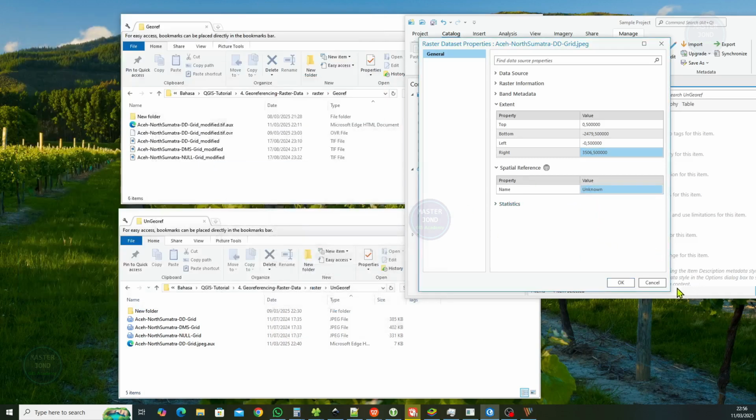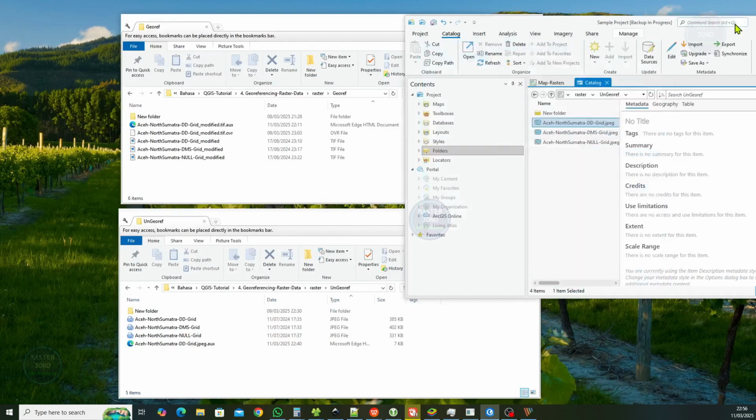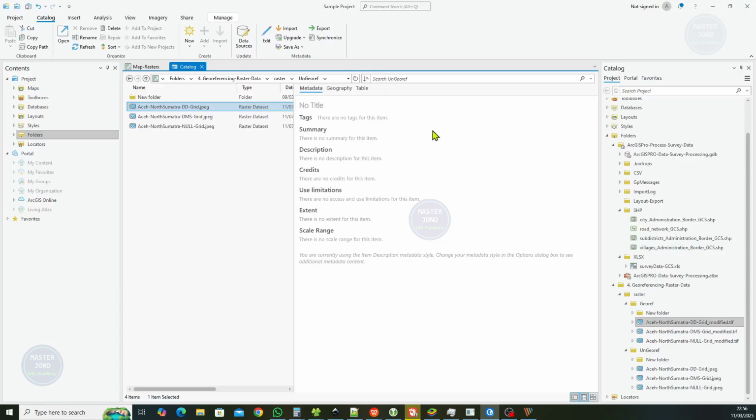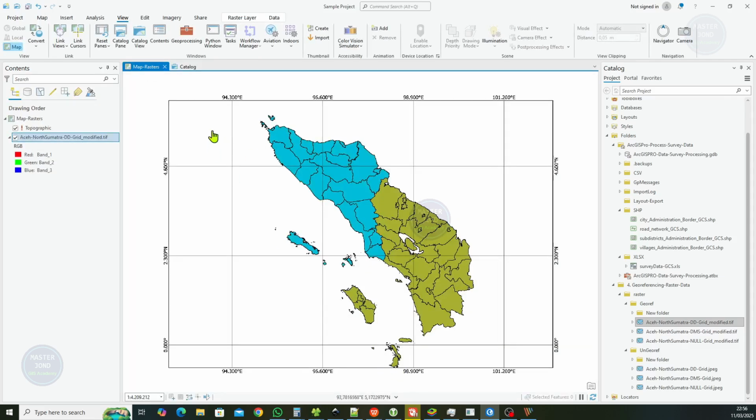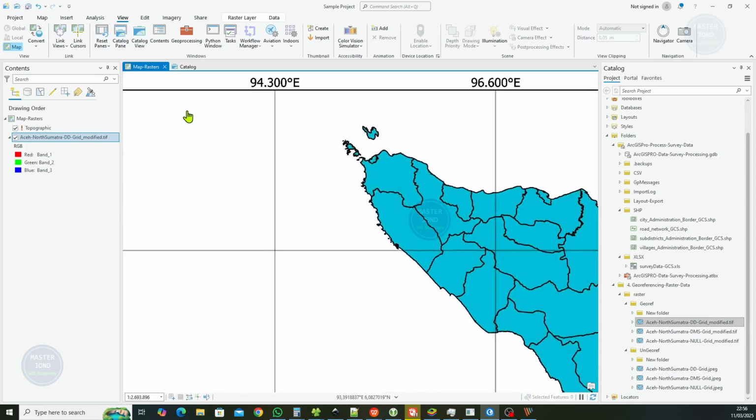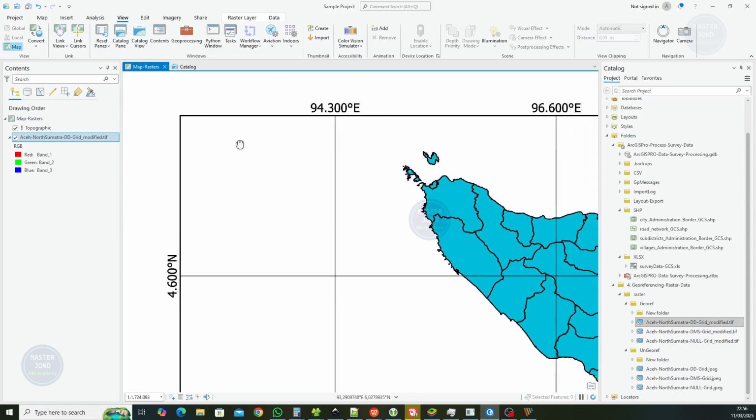Okay, I think we will maximize it again, and let's go back to Map Rasters. Now we will discuss and analyze whether this is georeferenced or not. Please see here, this is the XY coordinate. This is X, called E or East, and this is Y, called N or North.